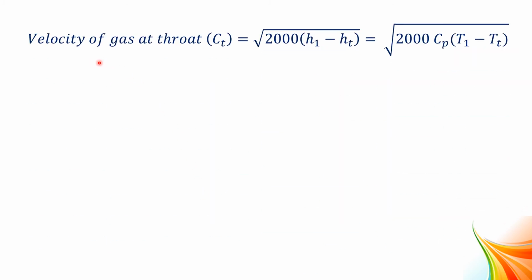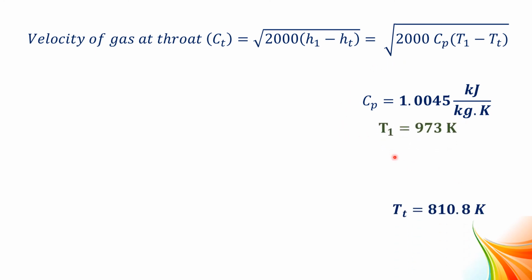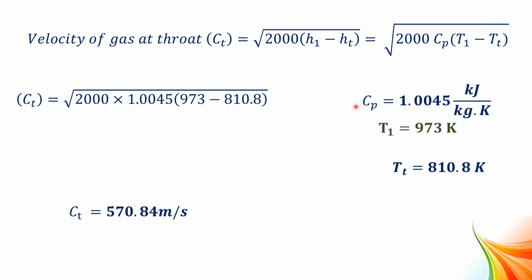We know the velocity of gas at throat Ct equals square root of 2000 Cp into (T1 minus Tt). So Cp value we have calculated earlier, T1 and Tt values also we know. Substitute these values in the velocity equation. We get Ct equal to 570.84 meters per second.